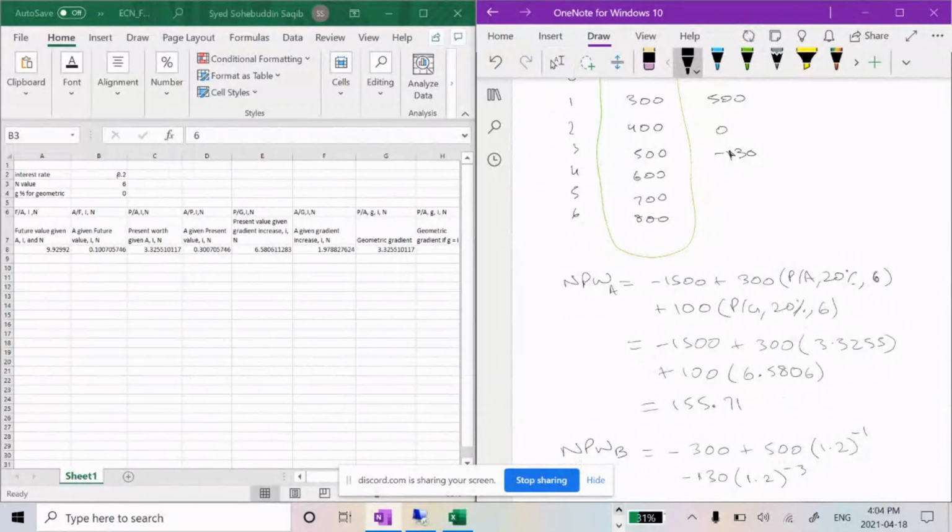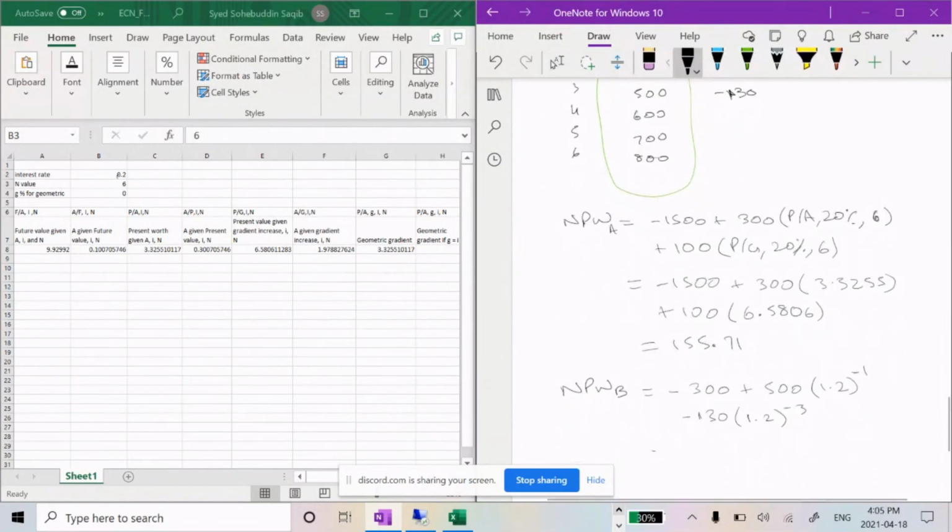You plug this in and get 41.43. So this is the present worth for each of these.